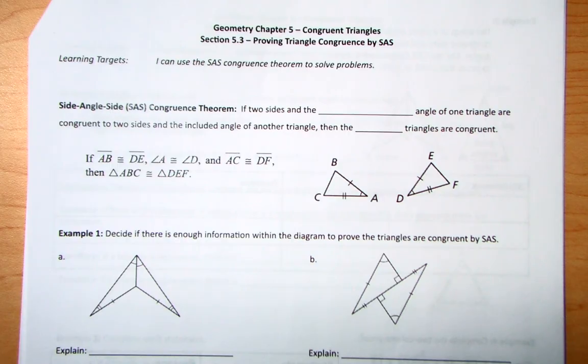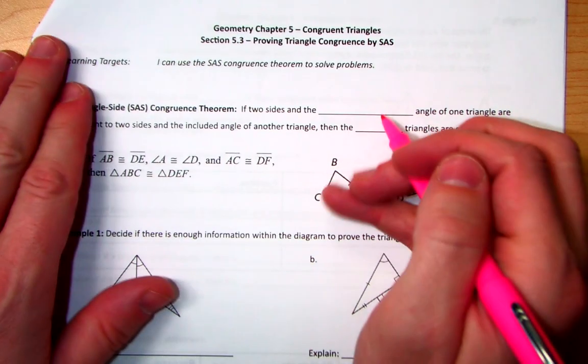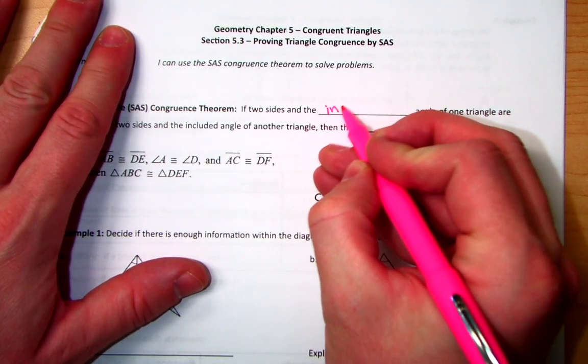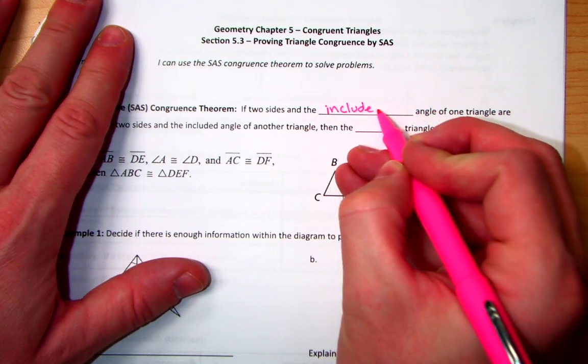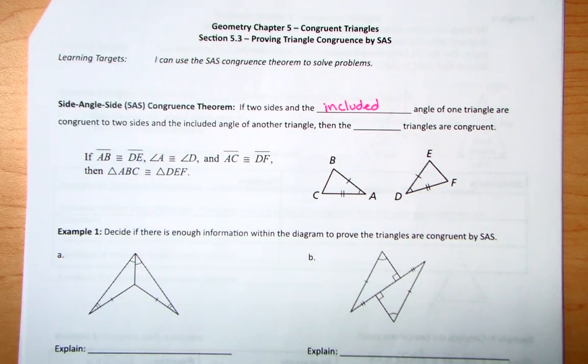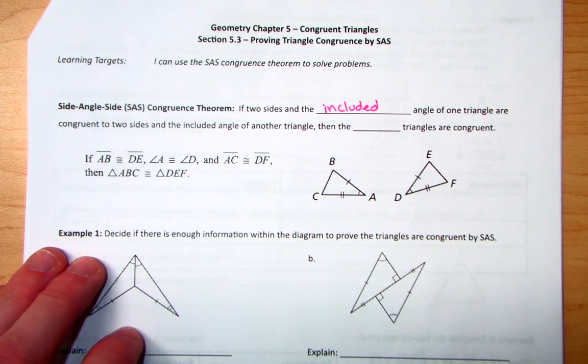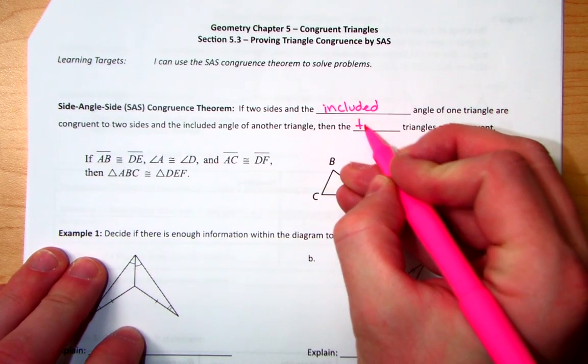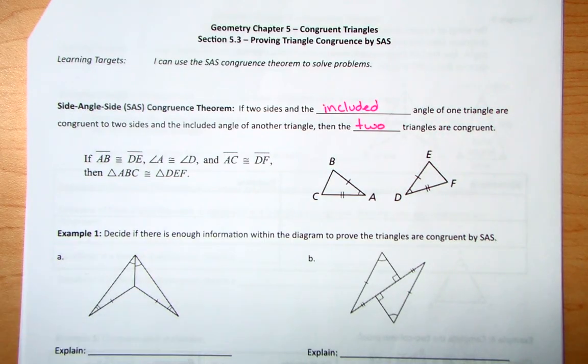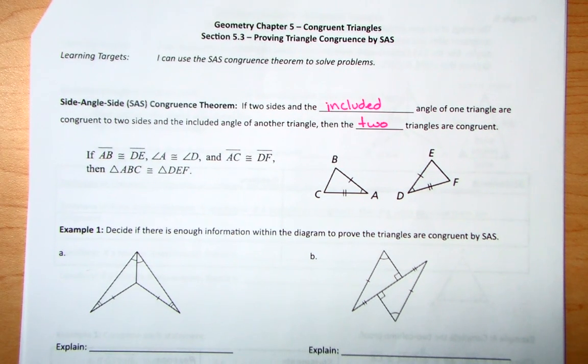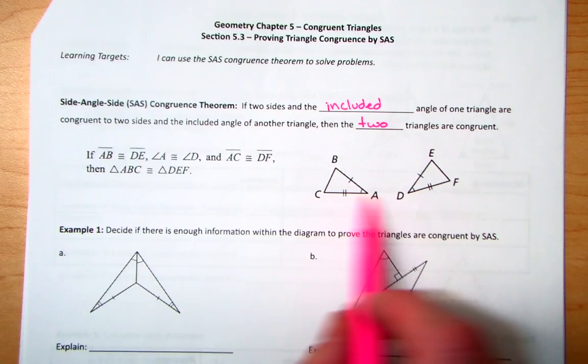That theorem says if two sides and the included angle of one triangle are congruent to two sides and the included angle of another triangle, then the two triangles are congruent. All right. So they give us a little example down here.